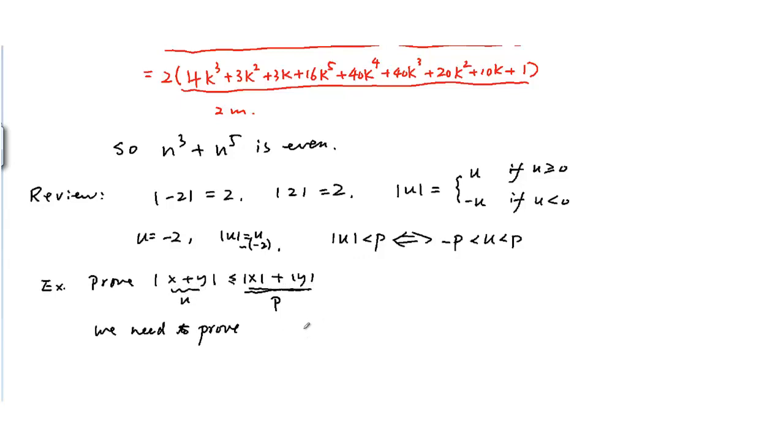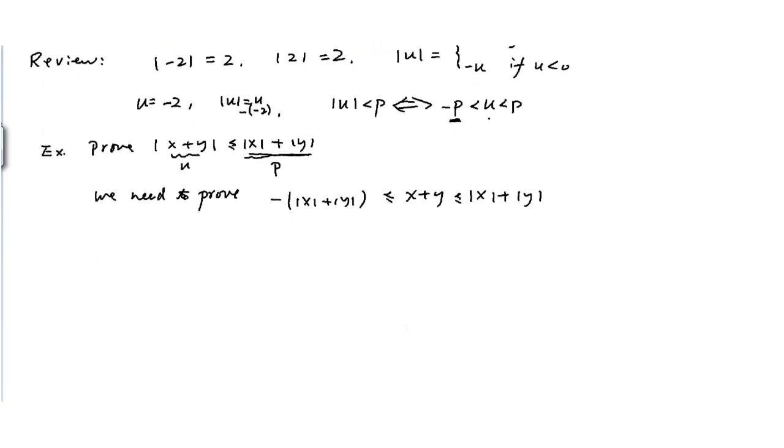That means if this is negative p, then negative (absolute value of x plus absolute value of y) is less than x plus y, which is less than p, where this whole thing is p. To prove this inequality, we need to prove these inequalities. So now let's look at different cases.